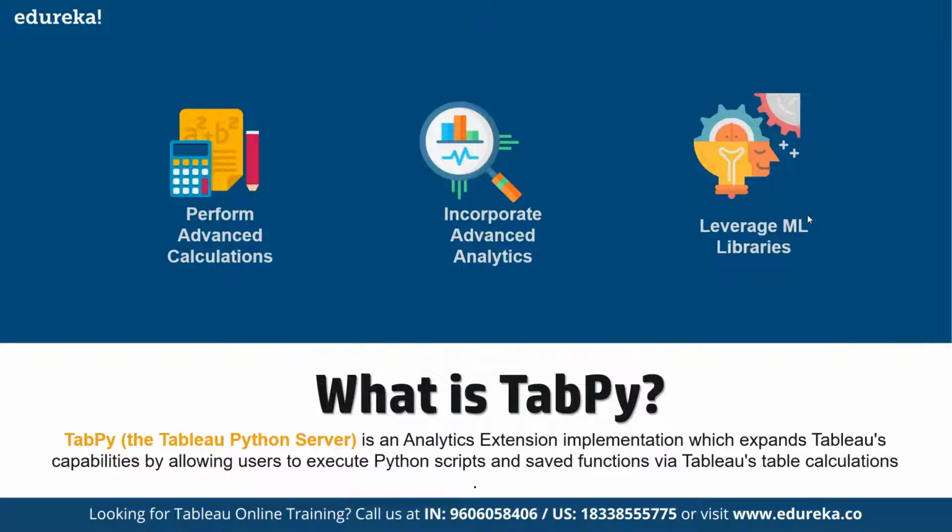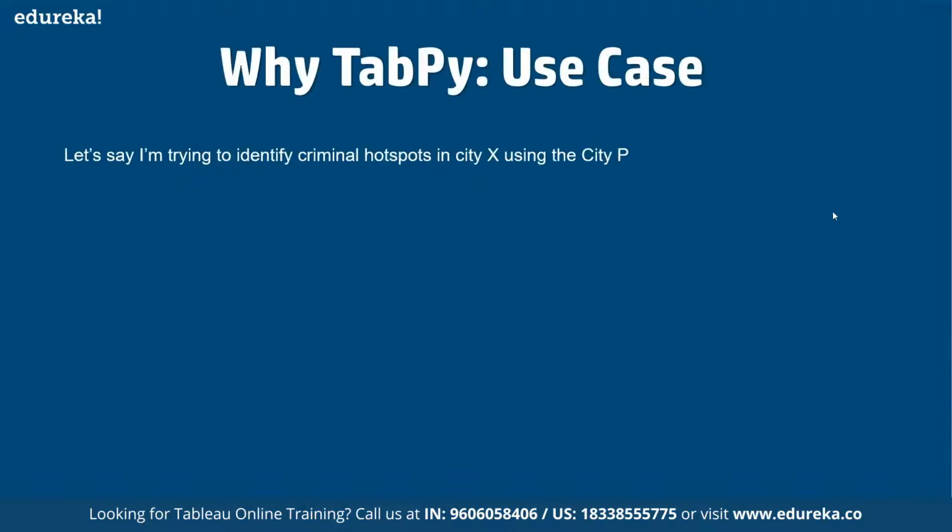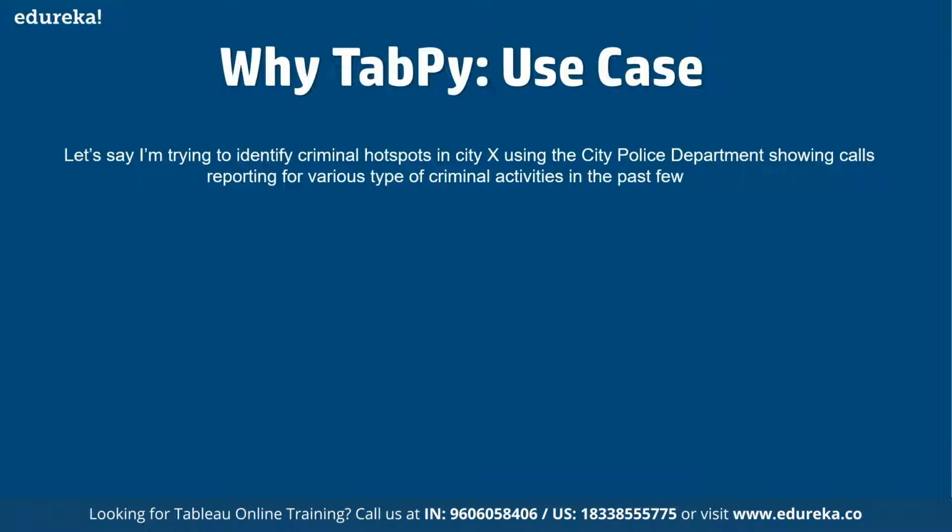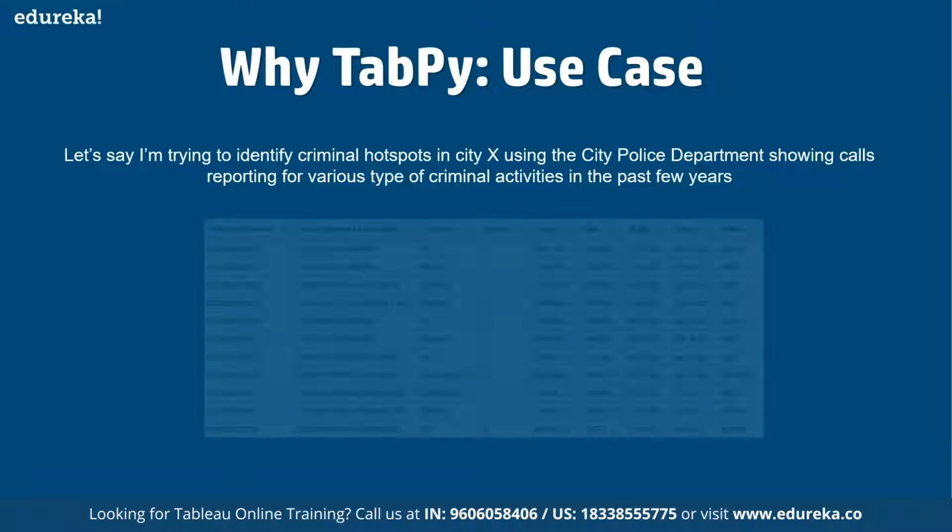Now, if we talk about why we have to use TabPy, there are multiple use cases. Let's say we are trying to identify criminal hotspots in City X using city police department calls reporting various types of criminal activities in the past few years.